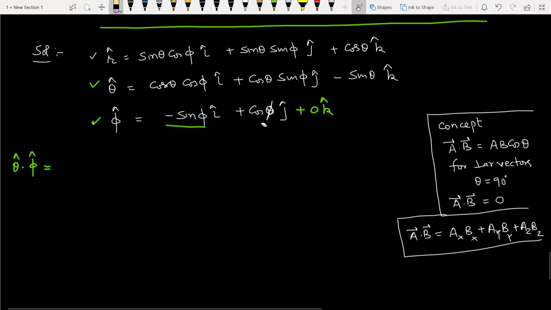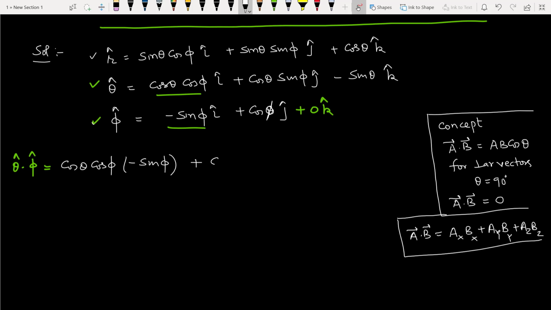In a similar way, x component into x component, cos theta cos phi into minus sin phi, plus cos theta sin phi into cos phi, minus sin theta, third k component into 0.